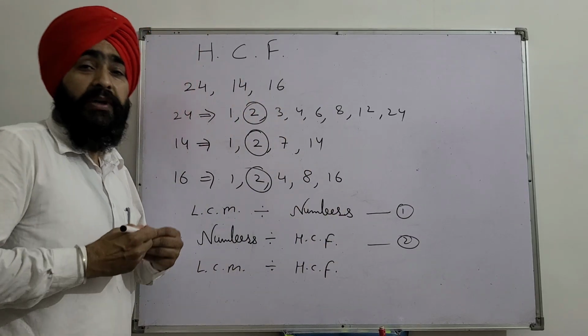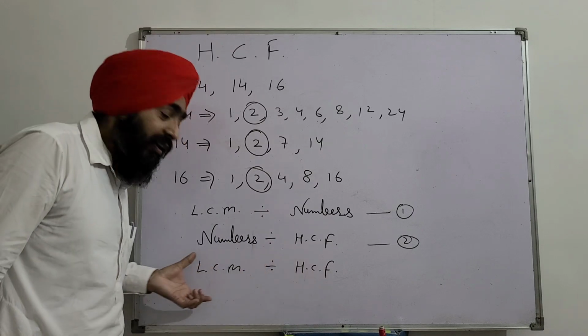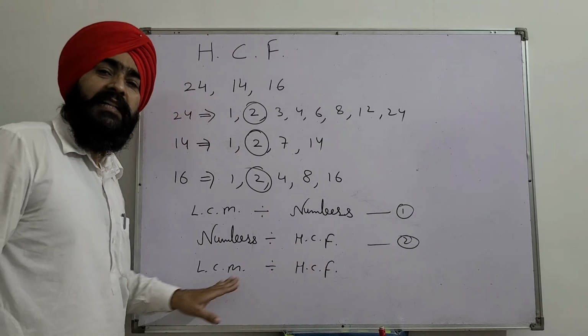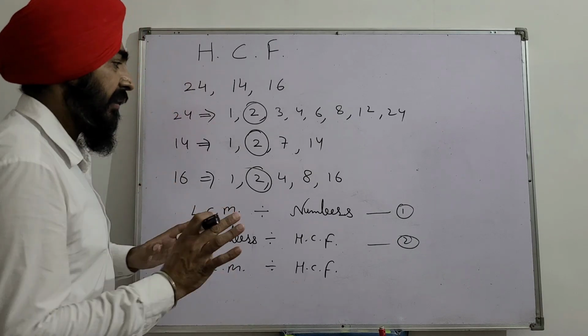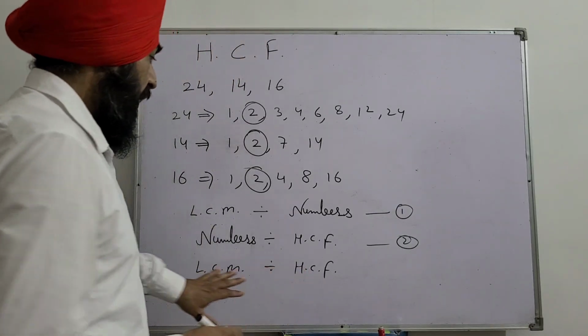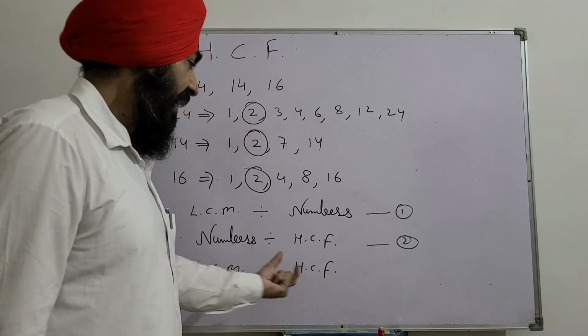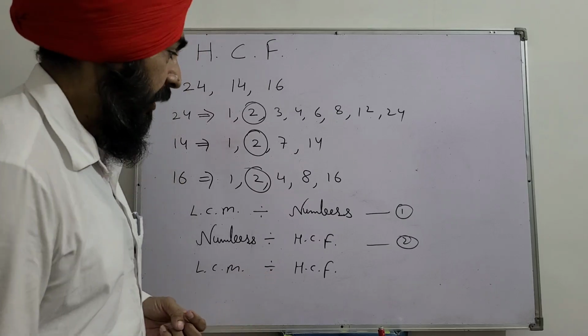It means HCF is always a factor of LCM. हमेशा HCF जो है वो LCM का फैक्टर होगा. इट मींस HCF जो है वो LCM को परफेक्ट डिवाइड करेगा. Is it clear, beta? Yes.